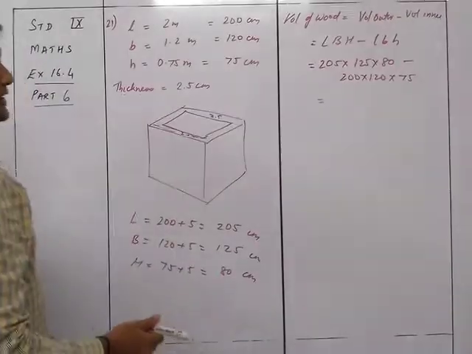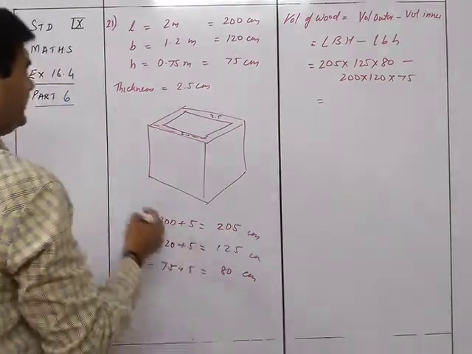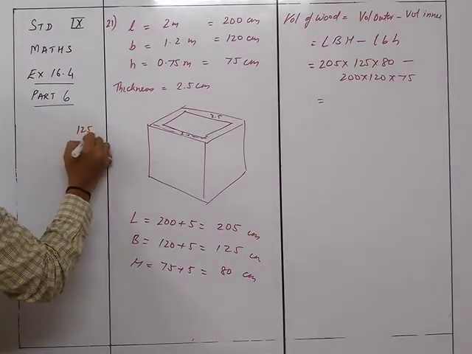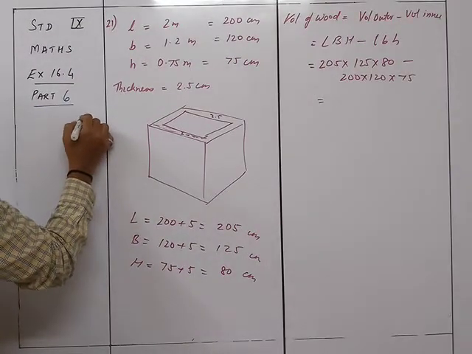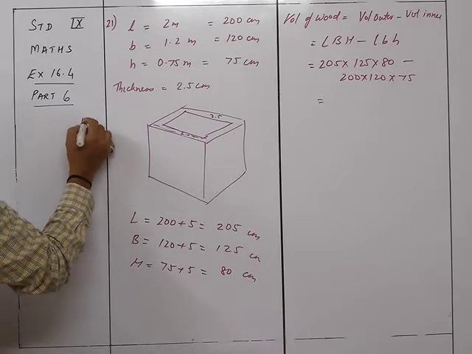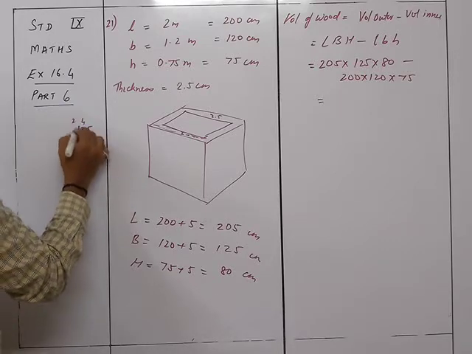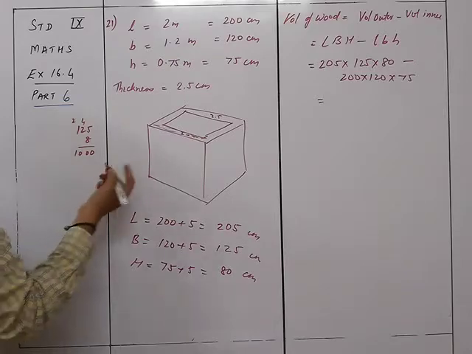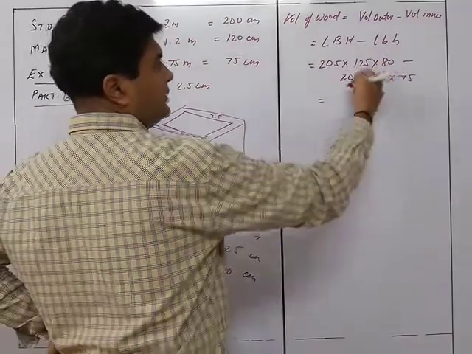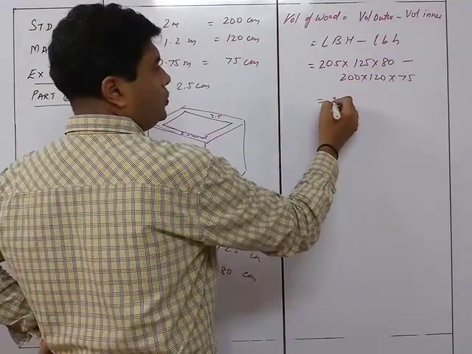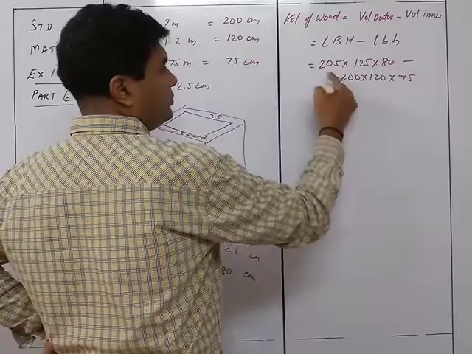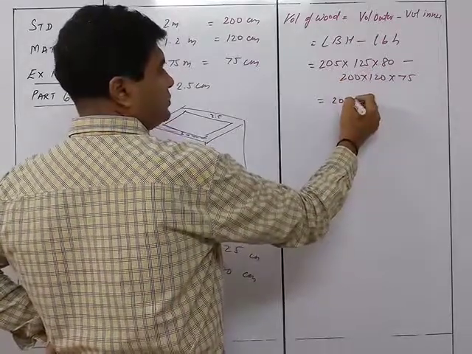Okay, so let's calculate this. It is 125 into 8. 5 8s are 40, 8 twos are 16, 20, and so on. So it's 1000. Very good. 205 into this is 10,000.